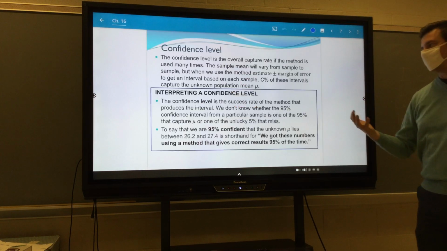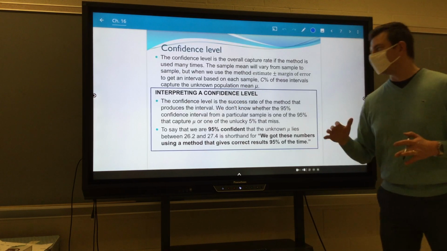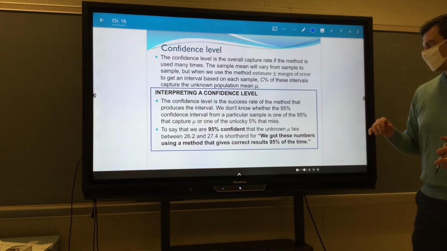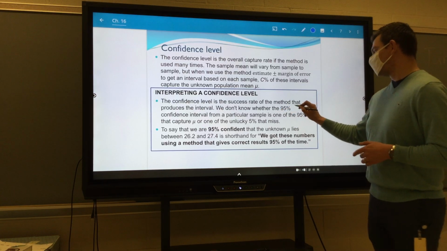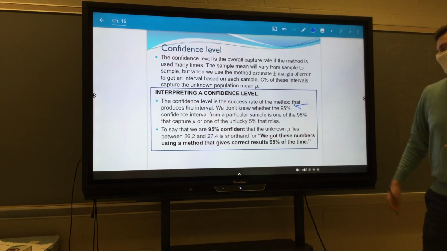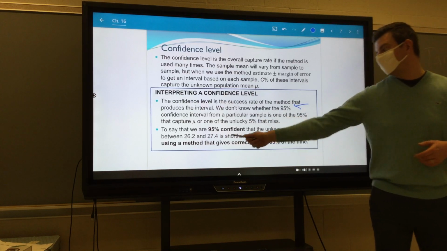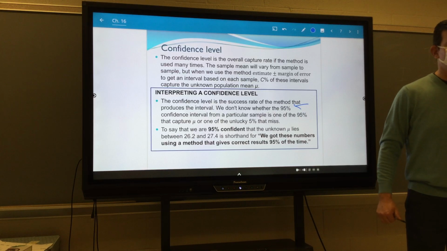95% is pretty good, but it's not perfect. We don't know whether the 95% confidence interval from a particular sample is one of the 95% or one of the unlucky 5%. Okay?